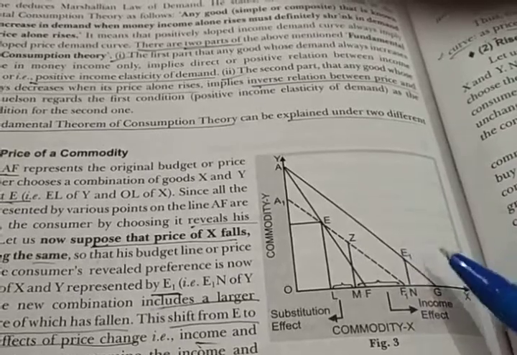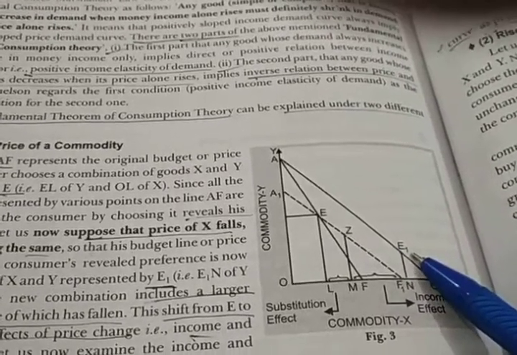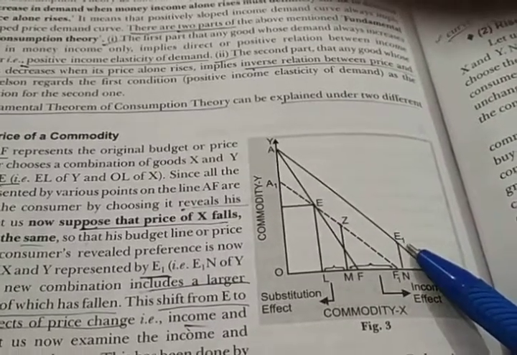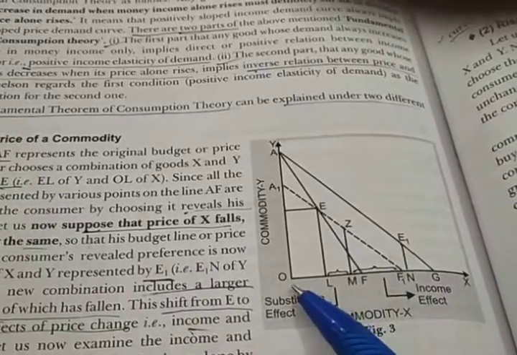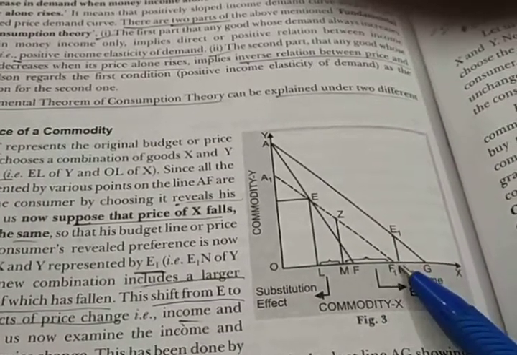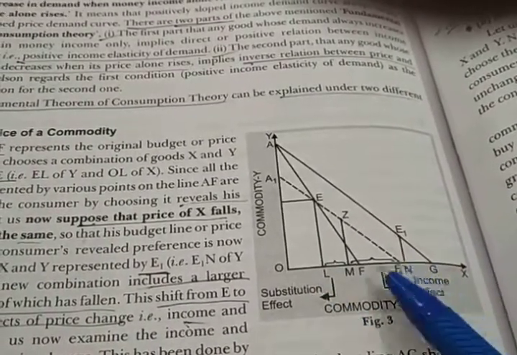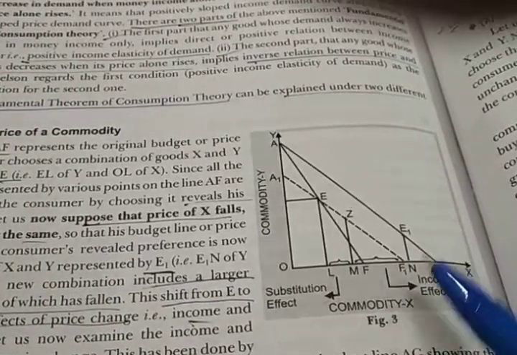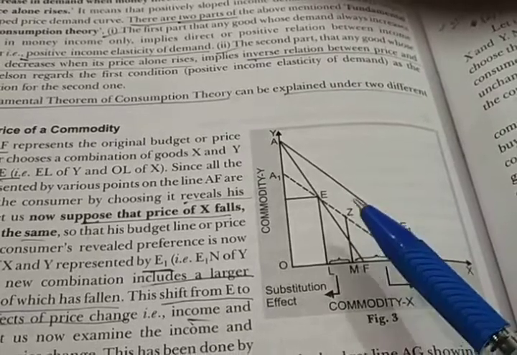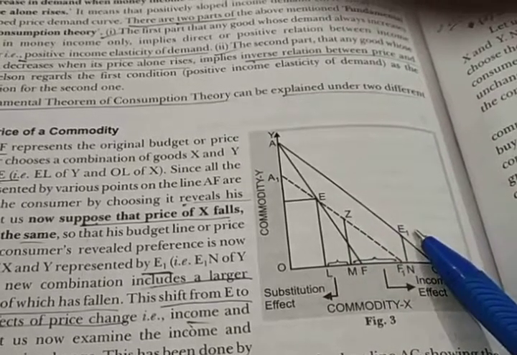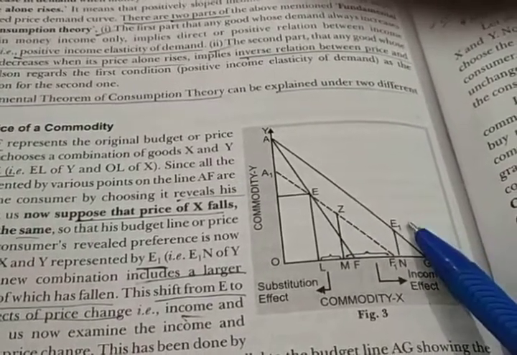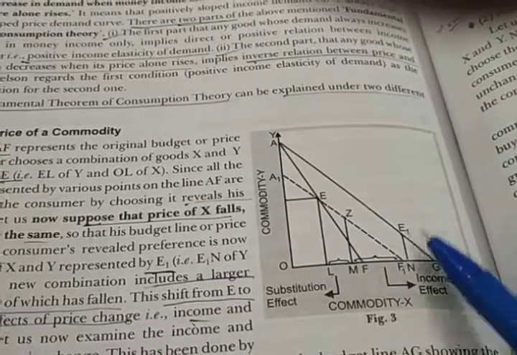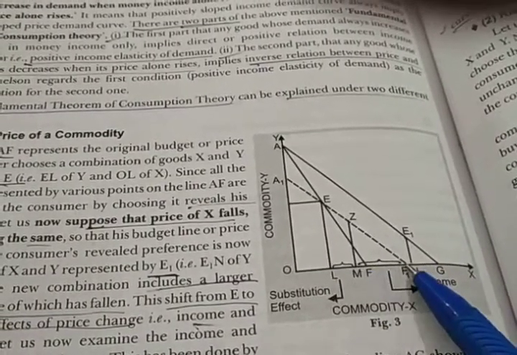On this price line AG the consumer goes in for the combination E1, according to which he is purchasing ON of X good. That is, he is purchasing more of X good because price of X good has fallen. So the movement of the consumer from point Z to point E1 is called the income effect. So income effect is MN.